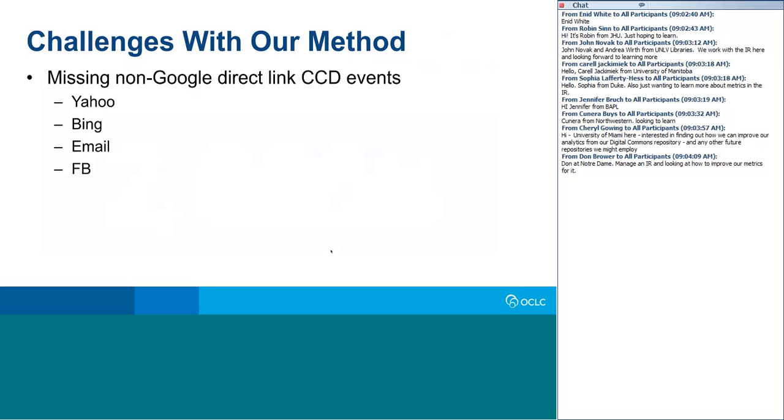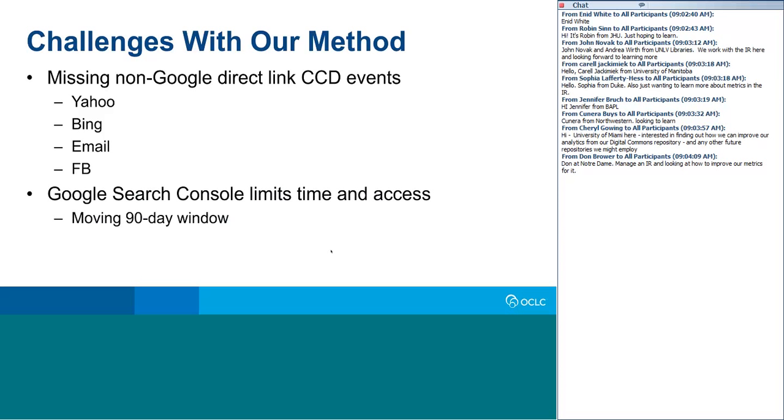However, the other thing that we've learned in our research is that the vast majority of traffic to institutional repositories is driven by Google properties. So we have every intention of building into our method the ability to capture non-Google properties, but we already know that it's a tiny amount.